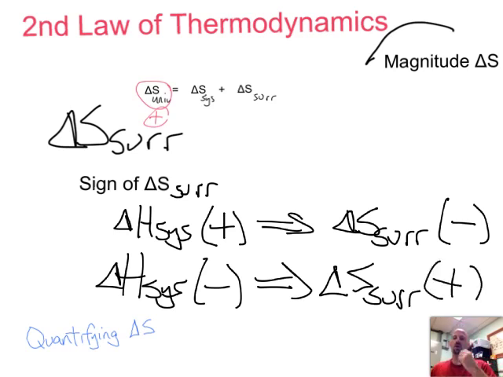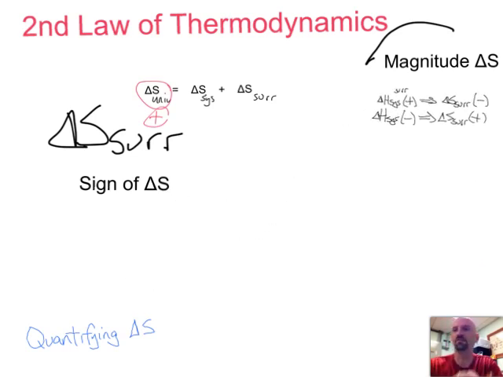So if I want to quantify the change in entropy of the surroundings, the first part I have to do is the sign, and I can evaluate the sign of the entropy change by recognizing the heat exchange that's going on. Is heat coming into or going out of the system? Therefore, is it coming out of or into the surroundings? So that takes care of the sign of delta S.